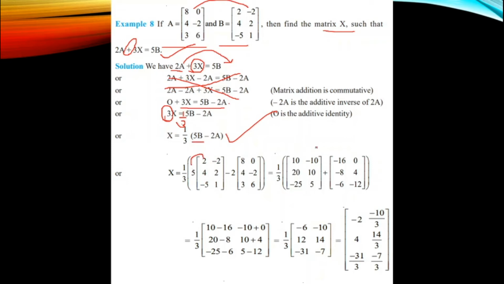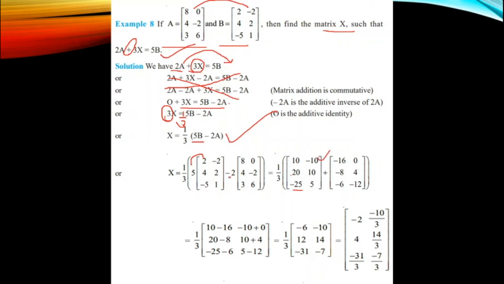So when you multiply, what do you get? 10, 20, 5 into 5 is 25, negative 25, and 5 into 1 is 5, 5 into 2 is 10, 5 into negative 2 is negative 10. Next, 2A.